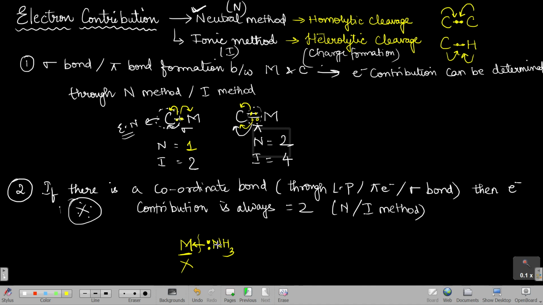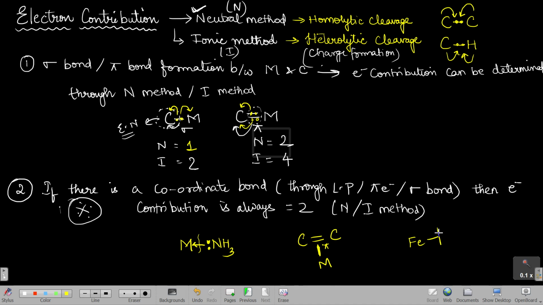Okay, so that didn't give anything for this bond formation, then how can it take away the electrons, right? That is unfair. So what you do in those cases is that whenever there is a bond formation through lone pair, such as this case, or we saw some examples in the last video, say for example, you have a pi bond formation. That means that the pi bond between the 2 carbon atoms is donating its electron to the metal.